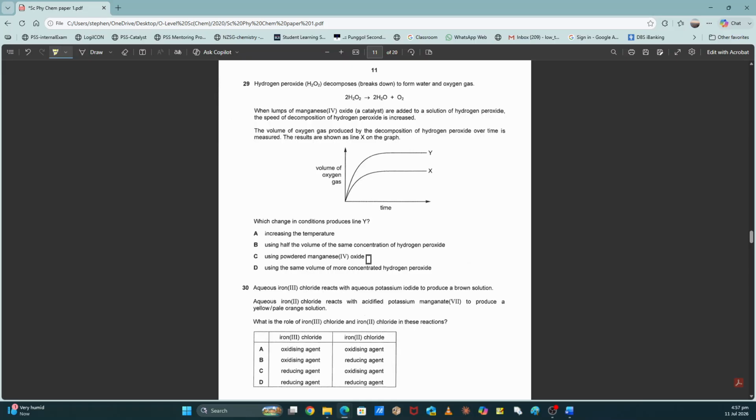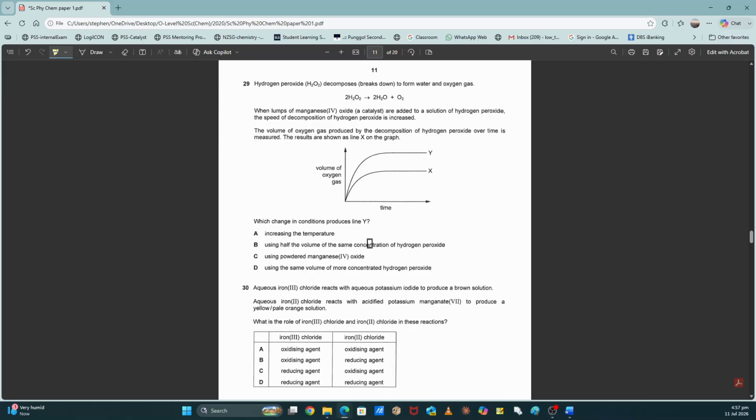How about this one? Using powdered manganese oxide. Powdered manganese oxide means the catalyst has larger surface area. It also increases the speed, but it doesn't double the amount of product. Okay.